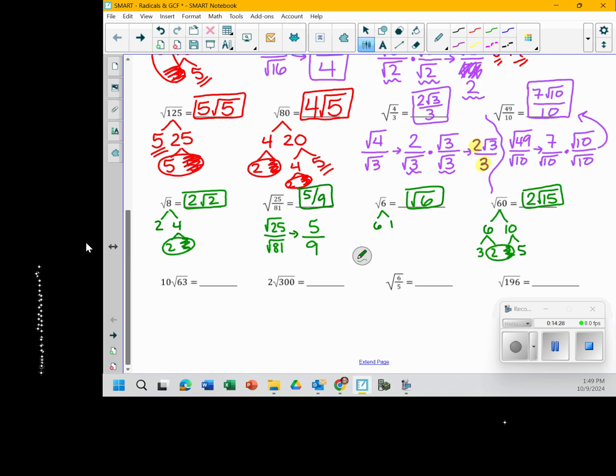I'm going to talk through this next one in case you got confused by it, but 63 is 7 times 9, which is 3 times 3. I already have this 10 out front, so it's going to stay out front. So out front, I need 10 times 3, which is 30. Inside, I have this 7.